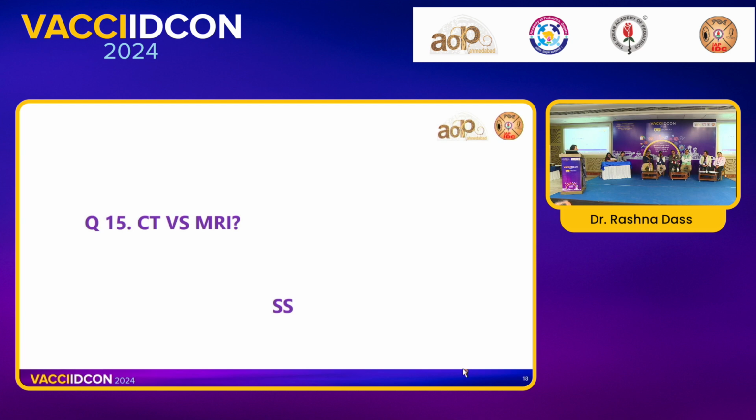We can get very clear extent. Also if you are dealing with ADEM or necrotizing encephalopathy, all these features we can clearly get from MRI. The only thing is MRI is very costly, very difficult to do, and time consuming.